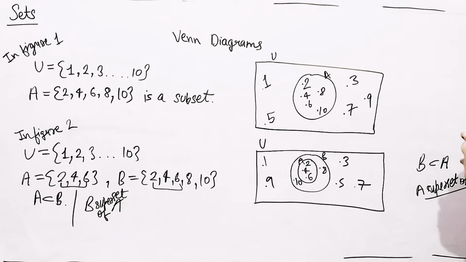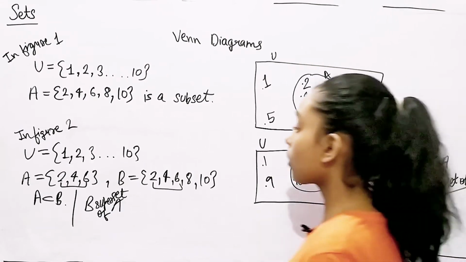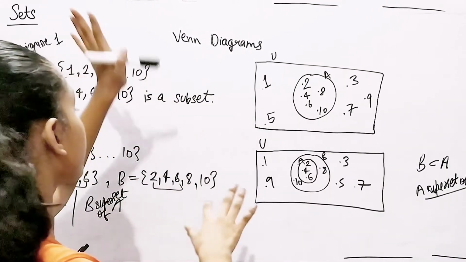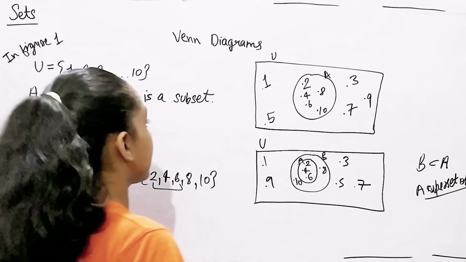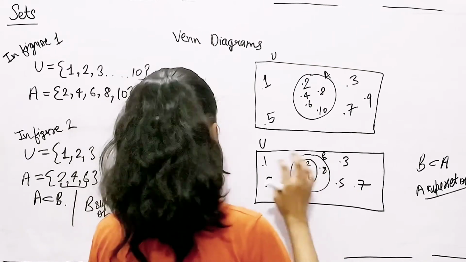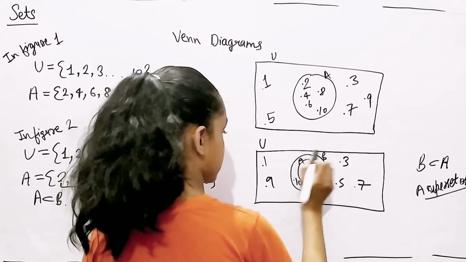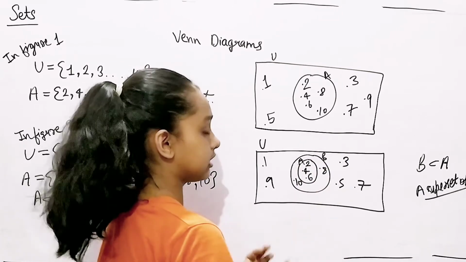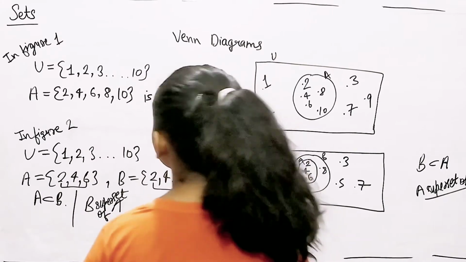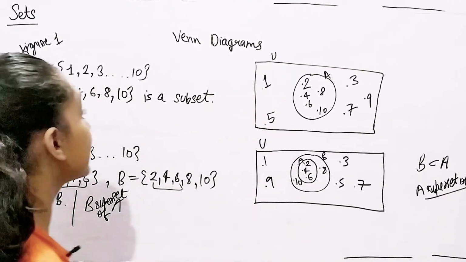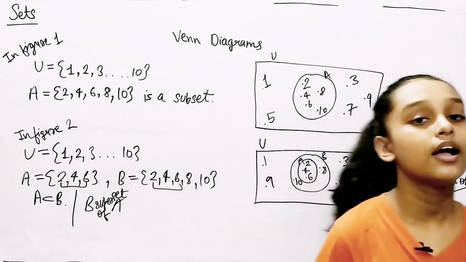So just try to make it simple, and I hope you all understood mainly about the Venn diagram. If we have these circles in diagrams, it means they're making a relationship, and they're basically going to be subsets.